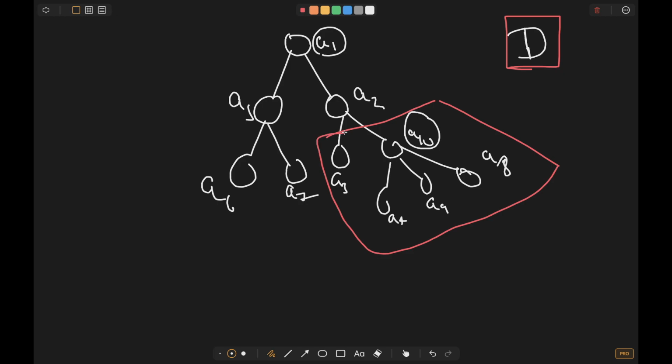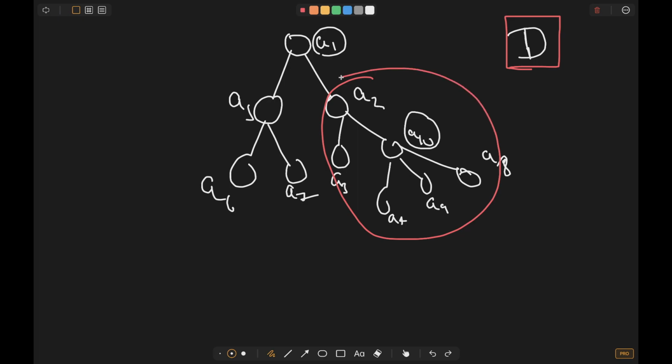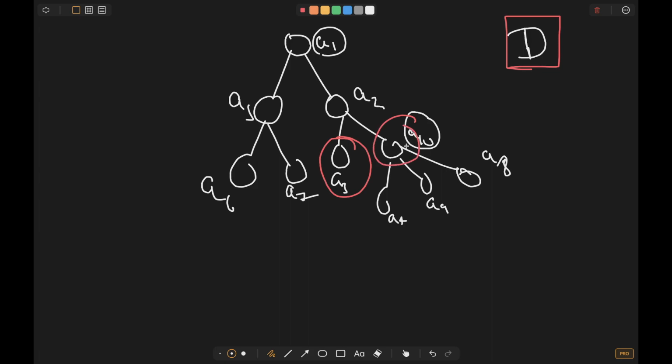Okay, so let's say all the paths here are covered. Now when we are at A2, the number of paths in this entire subtree would be the number of paths that are in this subtree and in this subtree. So its subtree is basically this. So as you can see, I'm trying to do some DP over here.